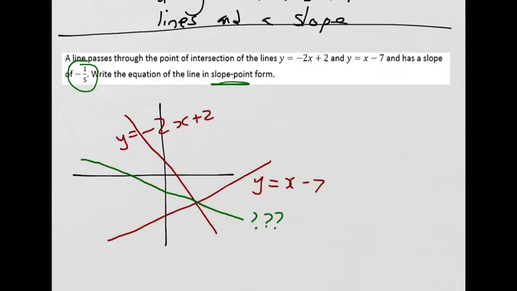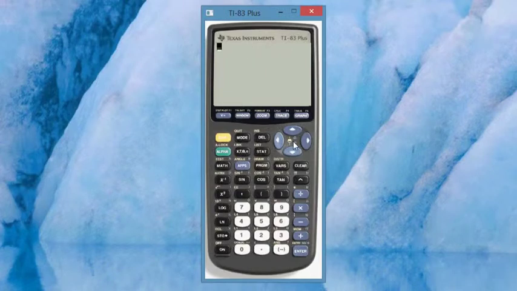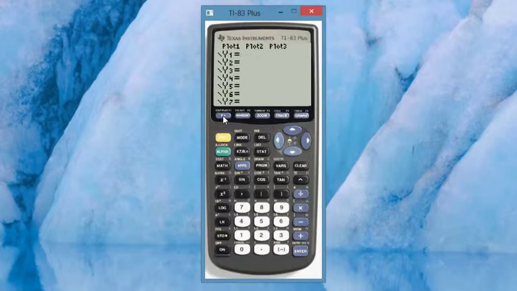Now to find that intersection, we're going to do a cool trick here. If you take your calculator, I'm going to show you how to find the intersection of those two red lines. Okay, so turn your calculator on. Go to y equals and put in those two equations that we're trying to find the intersection point of.